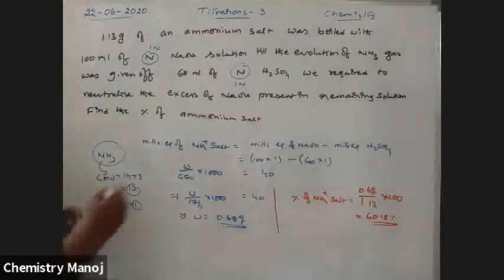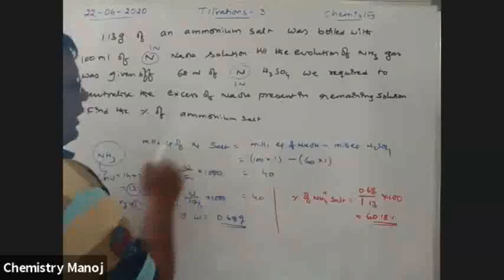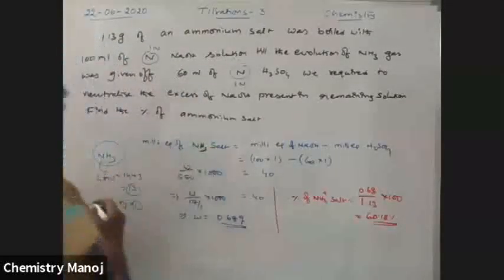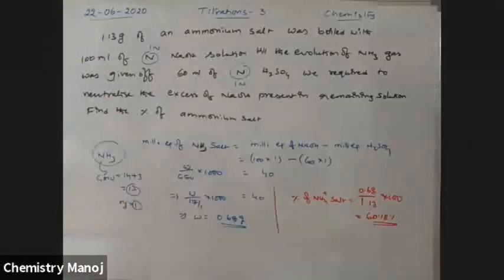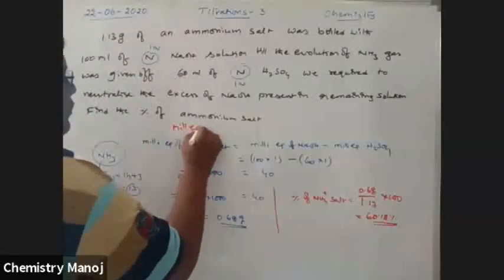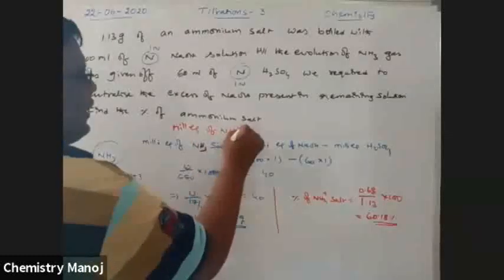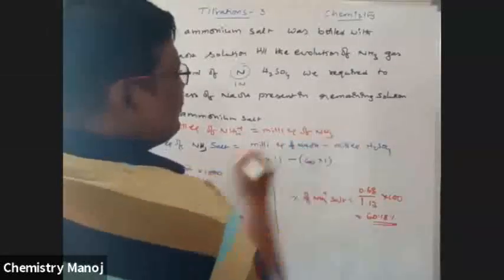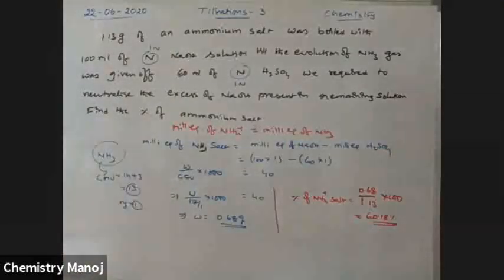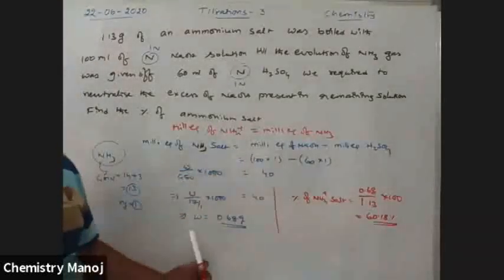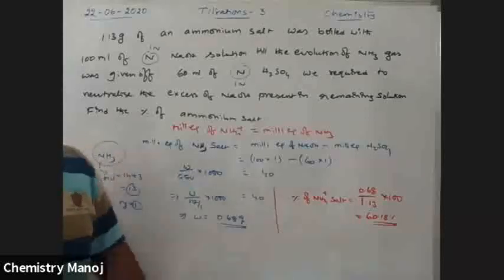So see, my dear boys, because ammonia is liberated, milliequivalents of NH4 plus ion is equal to milliequivalents of NH3, and that is equal to this one. So finally we get the final answer, that is 60.18%.